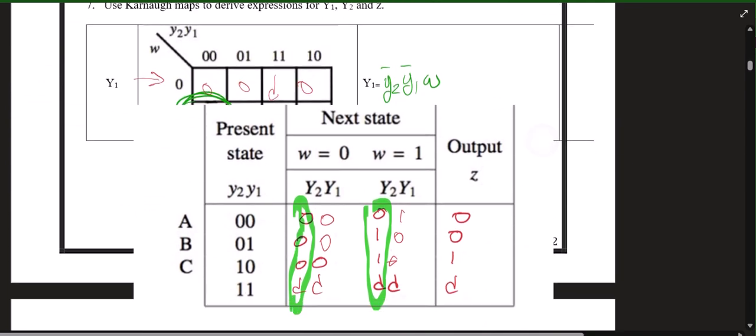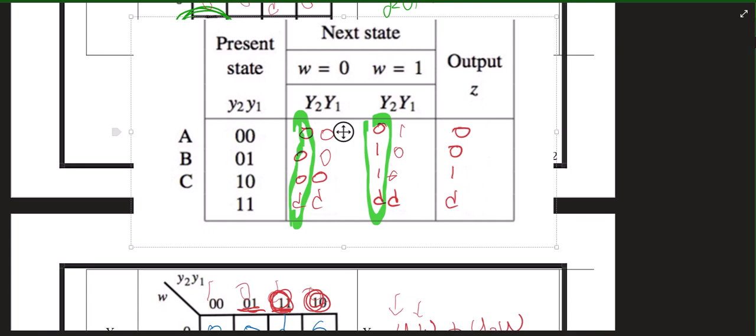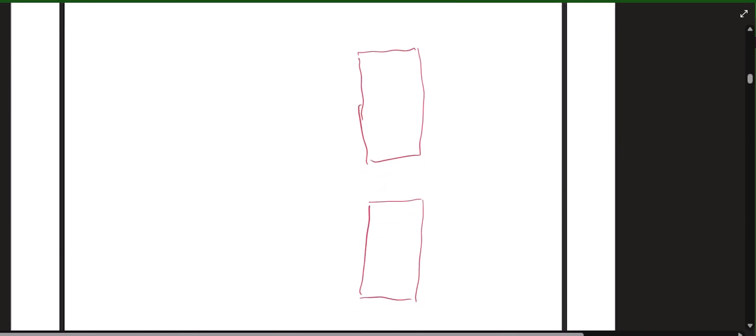Is it like 0, 1? No, the number of states is, so we have 3 states, but we used 2 bits to identify them. I don't think I said that clearly. However many bits you needed to identify them, that's how many flip-flops you needed. So we used a 2-bit number, and so that's how many flip-flops.